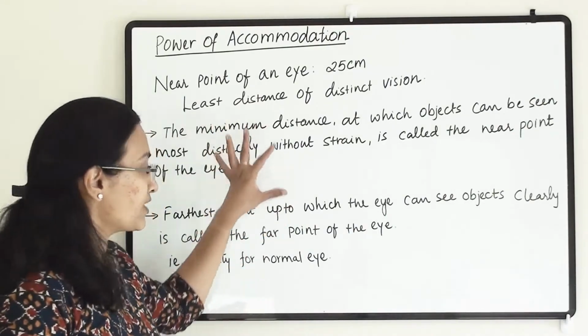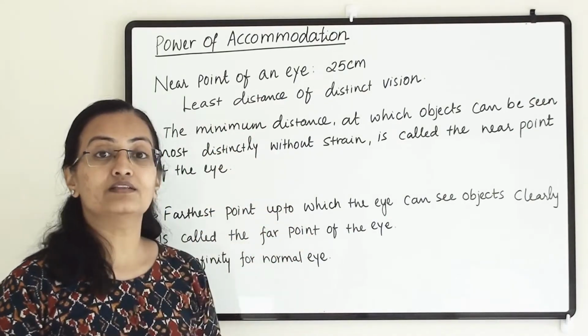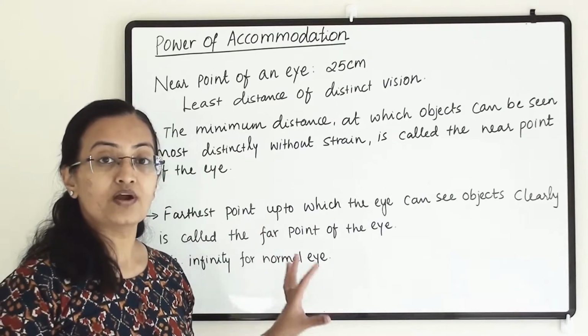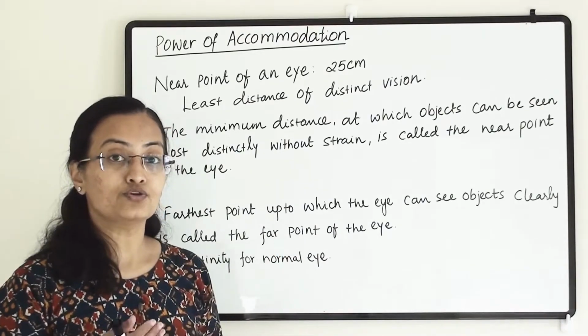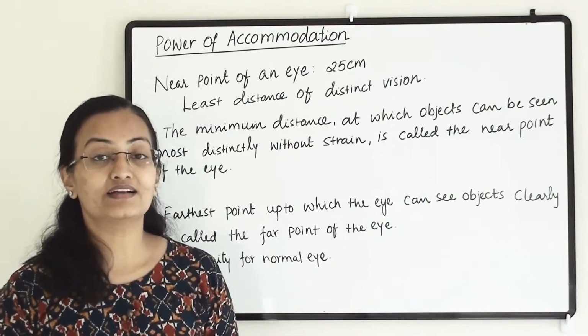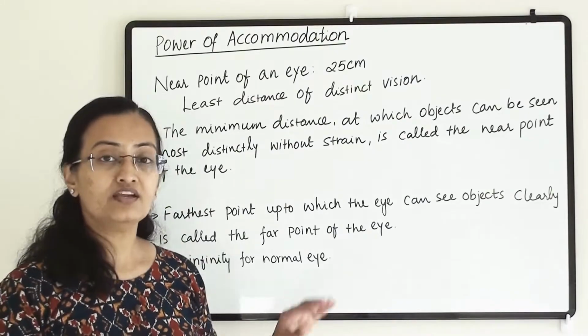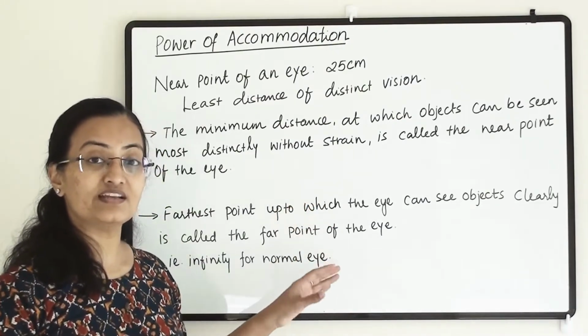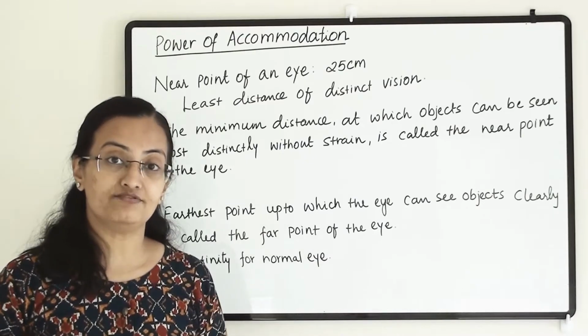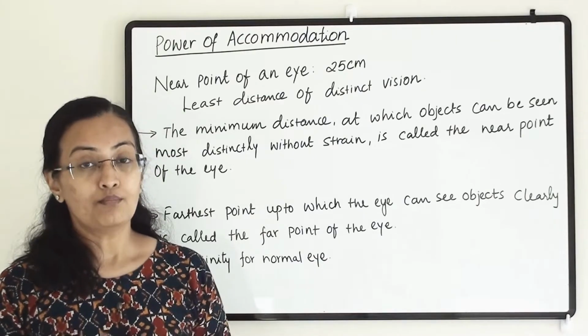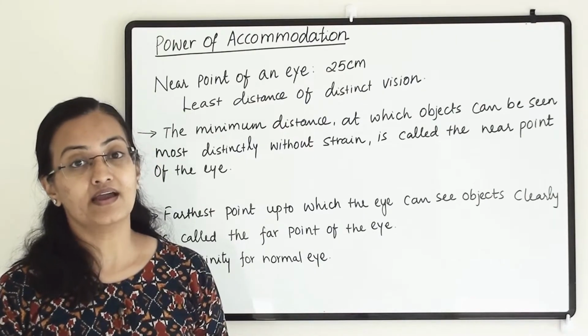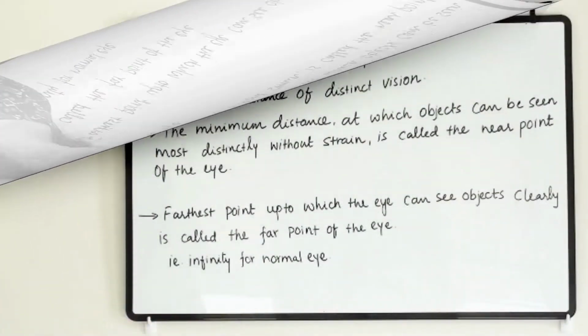These 2 points will decide the focal length of our lens, and these 2 points will also tell us that the human eye is normal, without any defect. And if this focal length changes, then it will result in an eye defect, and that is known as myopia, hypermetropia and presbyopia.